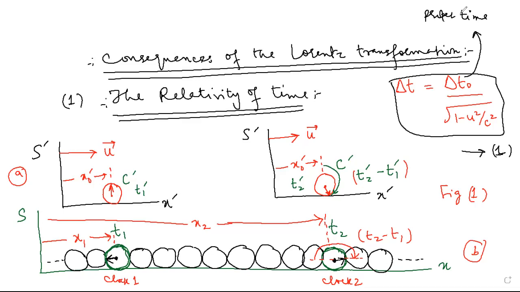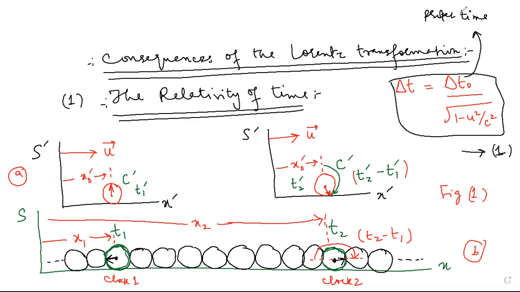So delta t naught is the time interval measured by S prime relative to whom the clock is at rest. This delta t naught is called the proper time, right? And delta t is the interval measured by observer S, right?